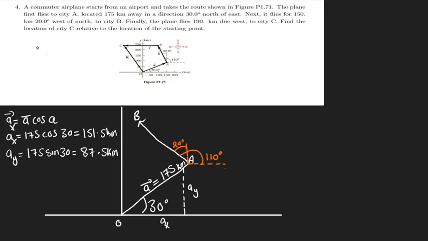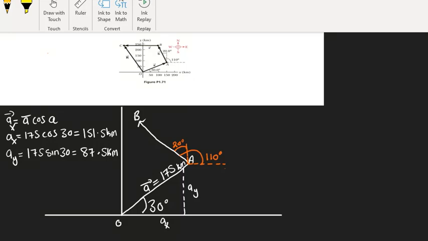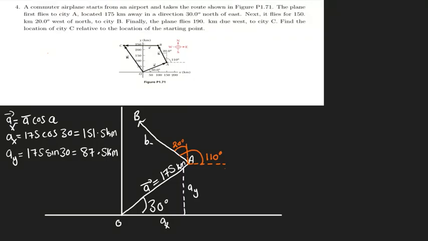Then we've been told that vector B is actually 150 kilometers. I want you to notice something. Of course, we know that we can compute this guy into two components.